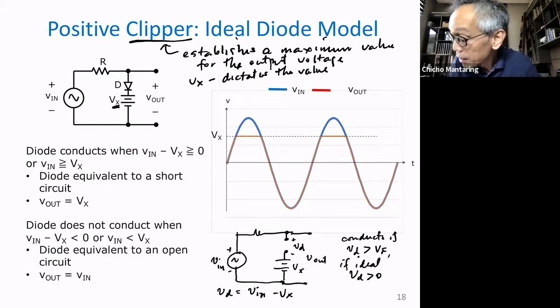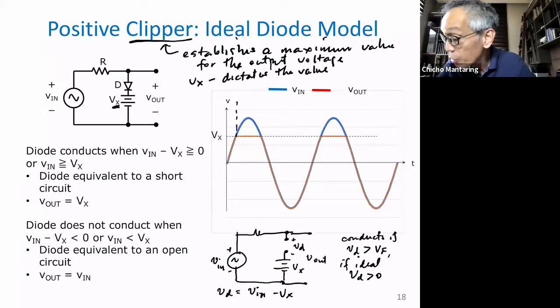So the diode will conduct when V in minus V of X is greater than or equal to 0. No? Dahil dito sa condition na to. When V in minus V of X is greater than or equal to 0, or V in is greater than or equal to V of X. So dito nagko-conduct yung diode.